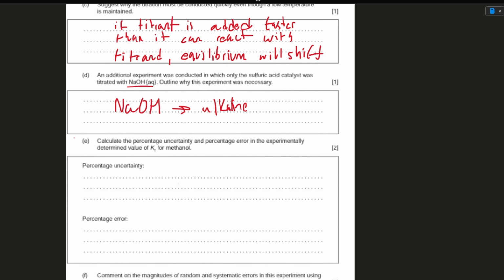So we can say that it reduces error caused by acid catalyst. Because of NaOH, it helps balance sort of the pH and control the experiment altogether.